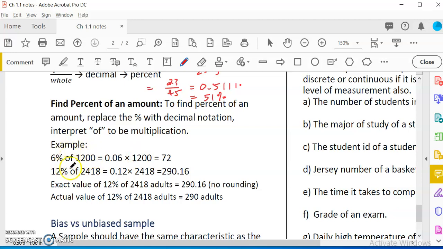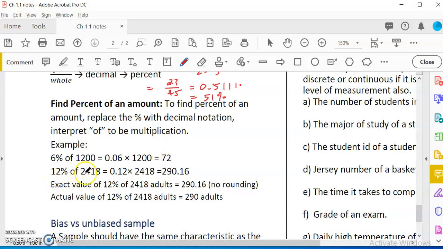Sometimes we feel like 6% of 1200 should be smaller, so we feel that we need to divide because we want a smaller number. But actually 6% is a small number. If you change it into a decimal and you multiply it by the decimal, it's actually smaller. So it is a multiplication. Whenever you say a percentage of something, you multiply. So if I put in the calculator, 0.06 times 1200 is 72.